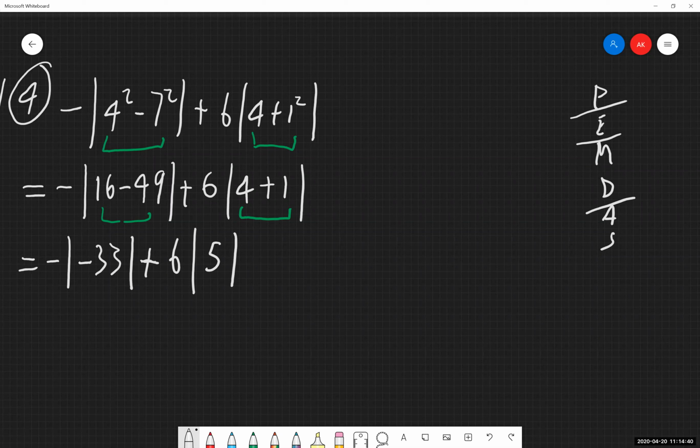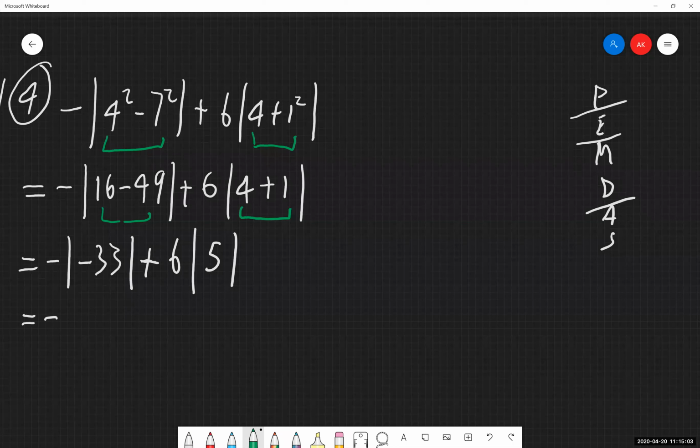So now, within the absolute value signs, all I have is just a single value. And only now is the time that I can apply the absolute value property. So what is the absolute value of negative 33? Again, the absolute value tells us the distance we are from 0.